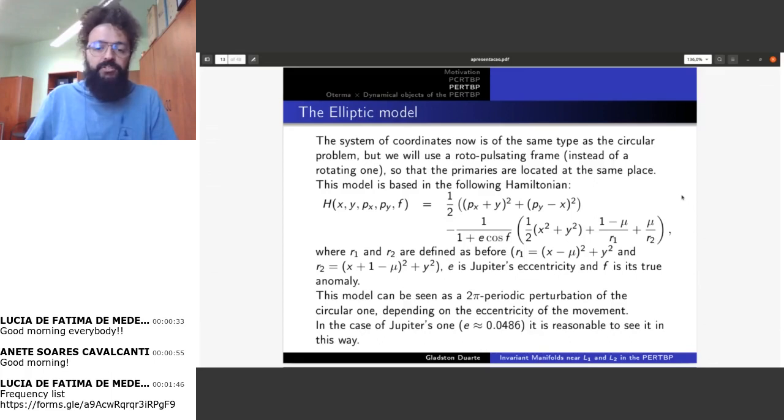It's a way of measuring, a substitute for the time. And also this model can be seen as a 2-pi periodic perturbation of the circular one. In fact, if we set e, which is the eccentricity, to 0 and do some algebraic manipulation, we get the Hamiltonian for the circular problem again.